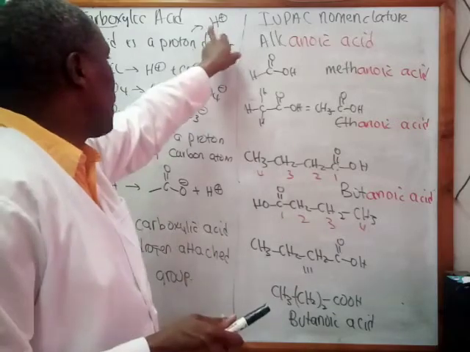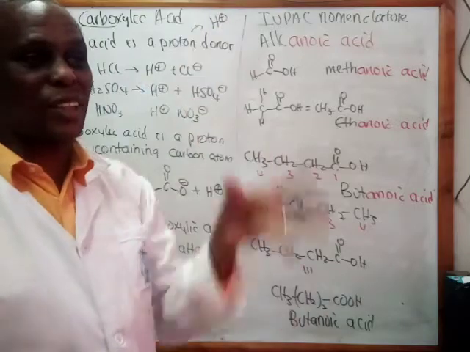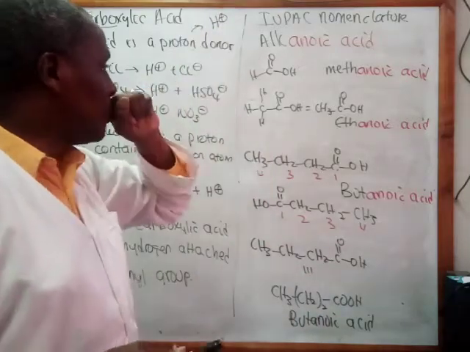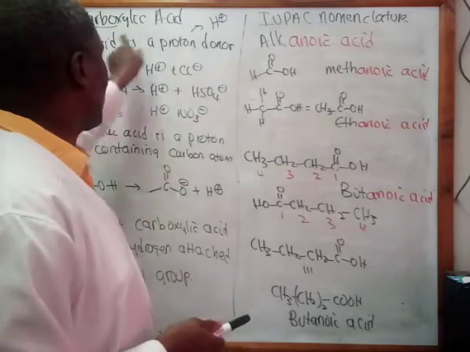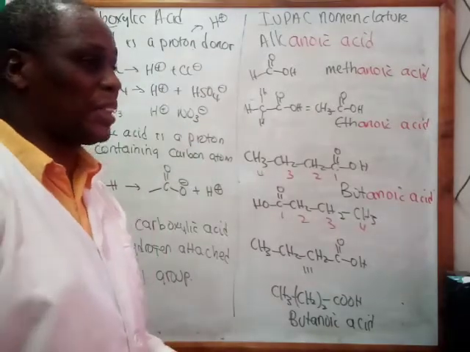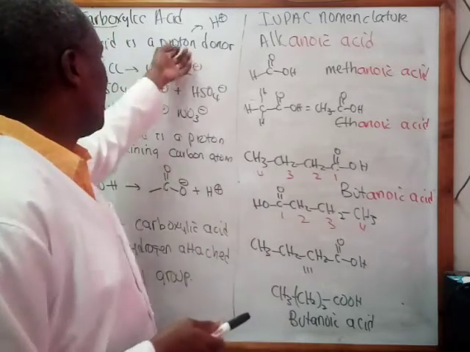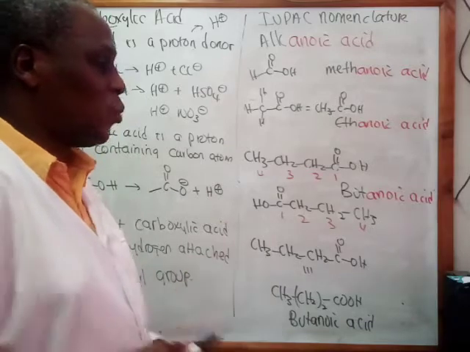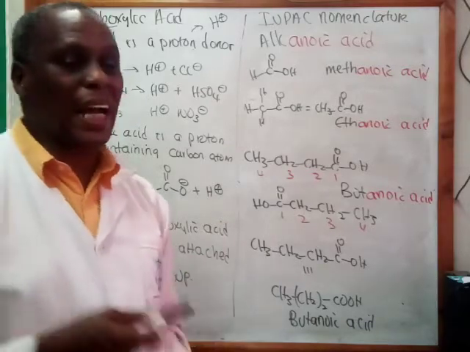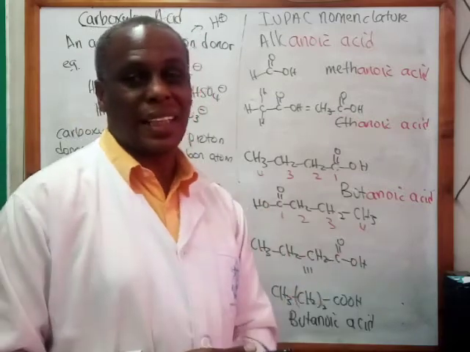So that's why it's called a proton. A proton is just H plus. It means that you had a hydrogen atom and it has lost an electron. So an acid is said to be a proton donor. It means that it can supply the positive charge to a species, and that species will attain a positive charge. Like ammonia, it can receive a proton to become an ammonium salt.